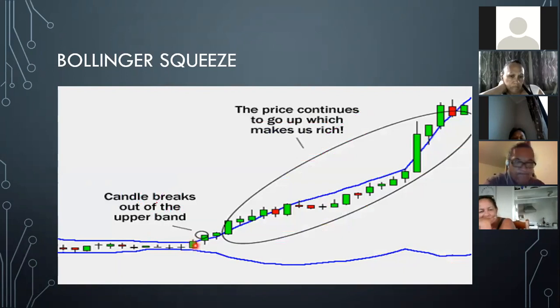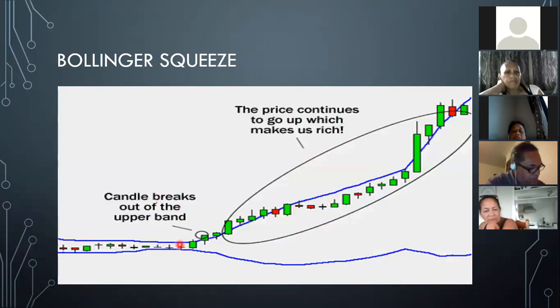Can everyone see that? Yep. Now this bullish candle, if you come a bit closer to the screen, has burst outside that upper band. We have a bullish candle breaching the upper band. That's a good indicator that it's going to move up.